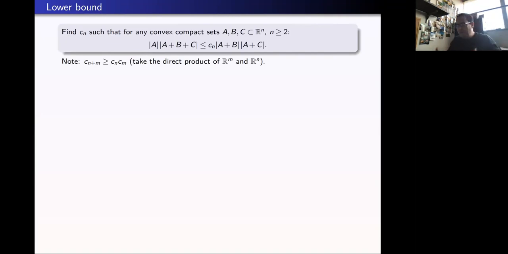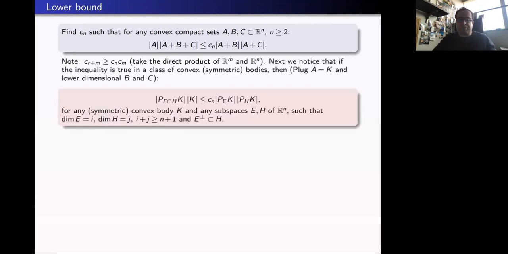So if you have a constant in dimension n and a constant in dimension m, then multiplying a in m and a in n and b and so on, you can create a constant which is a product. And then substituting a, b and c correctly to be lower dimensional, using those connections that I tried to explain to you with Minkowski summation and the volume of projection, you get this inequality.